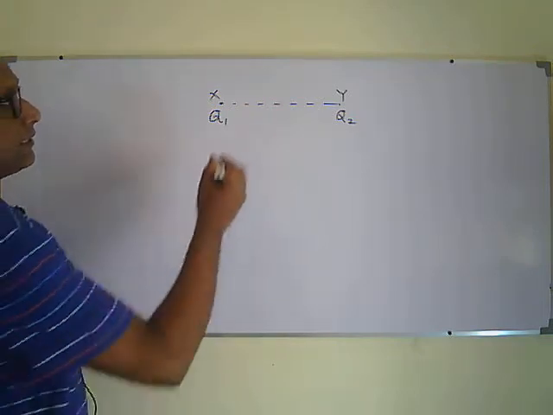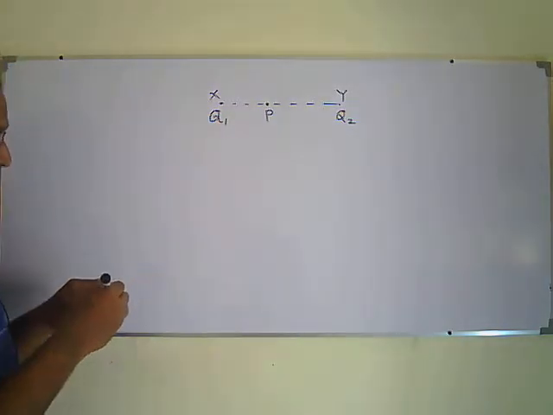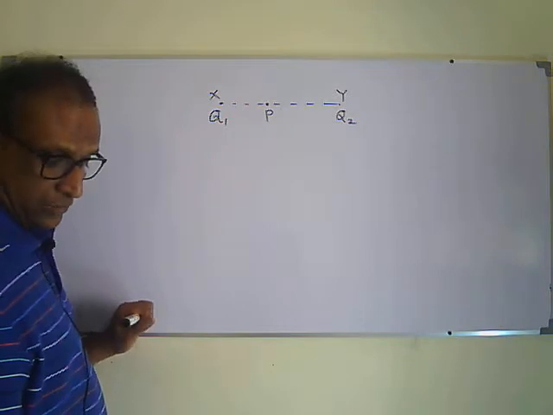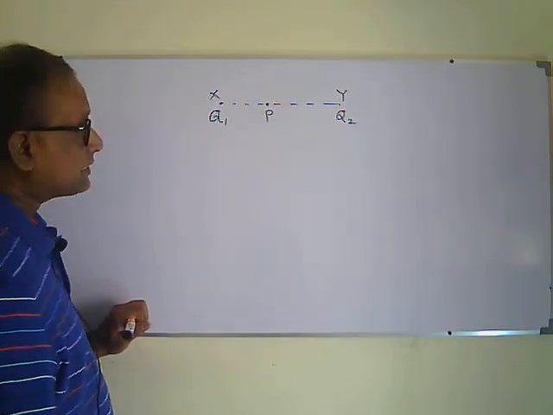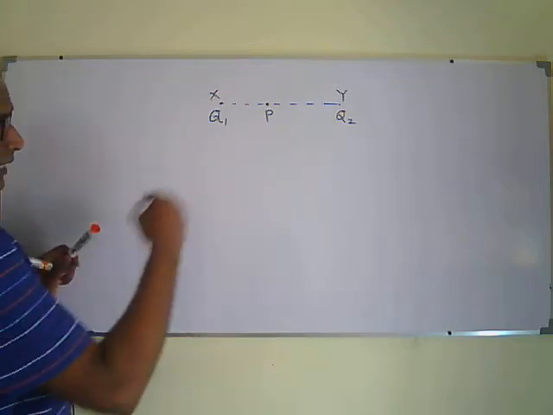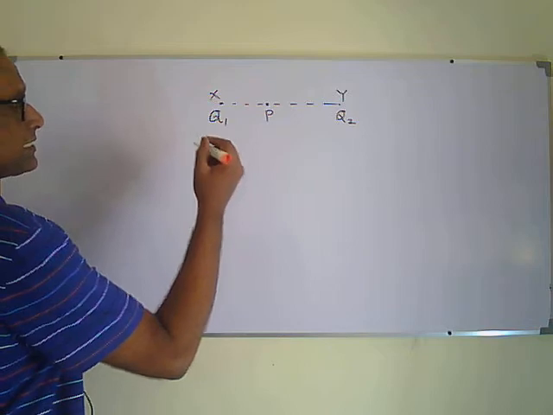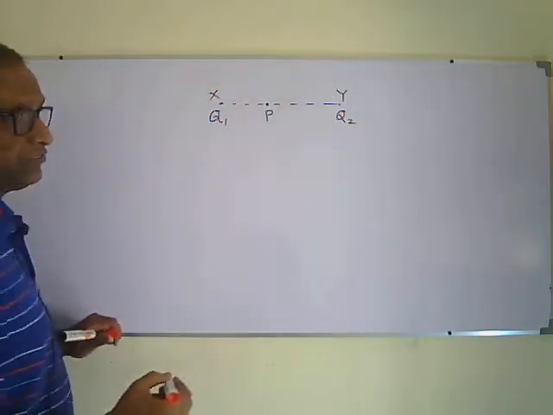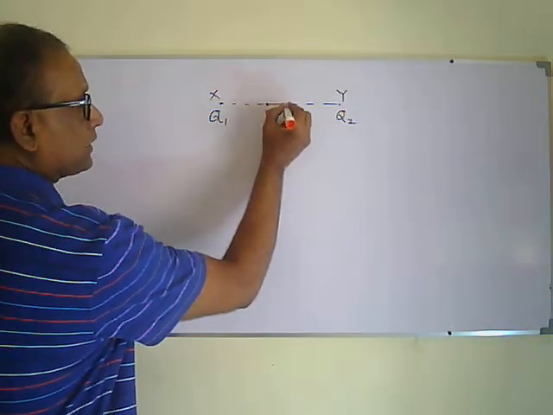Imagine point P. The direction of the electric field created by Q1 at point P will be towards right. I already told how to find the direction of the electric field strength. Keep a positive test charge at point P, so that will experience electrostatic force towards right. So the direction of the electric field strength due to Q1 at point P will be towards right.